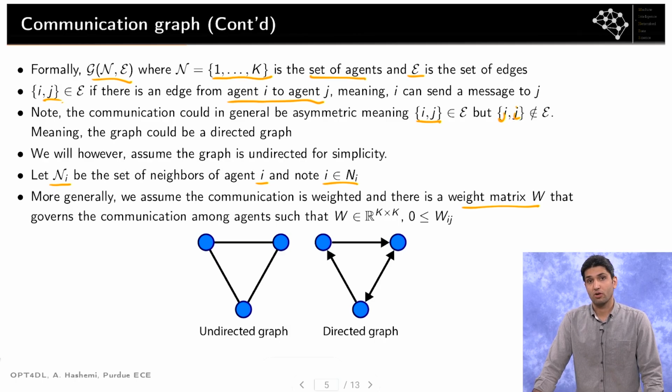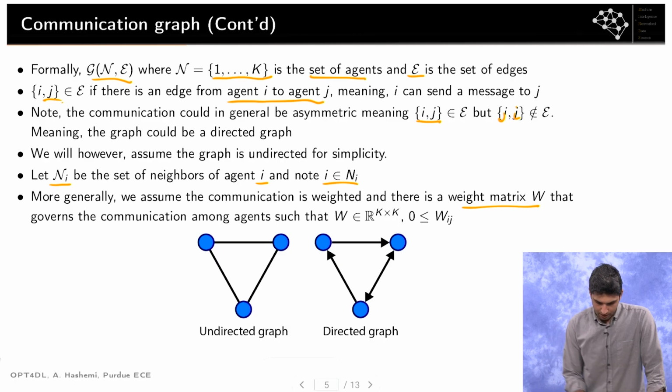So I may want to prioritize my own local information compared to what I receive from my neighbors, because I know that whatever information I have access to is not noisy, but what I receive from others could be contaminated by communication noise. So in those cases, it may make sense to think of the edges as weighted edges, such that w_ij, which we assume is non-negative, is the weight of edge ij.